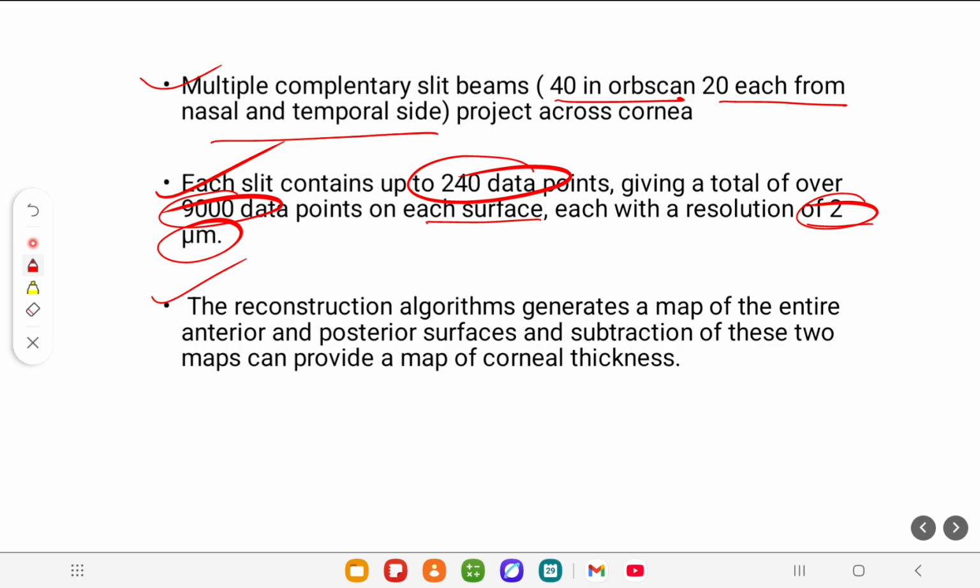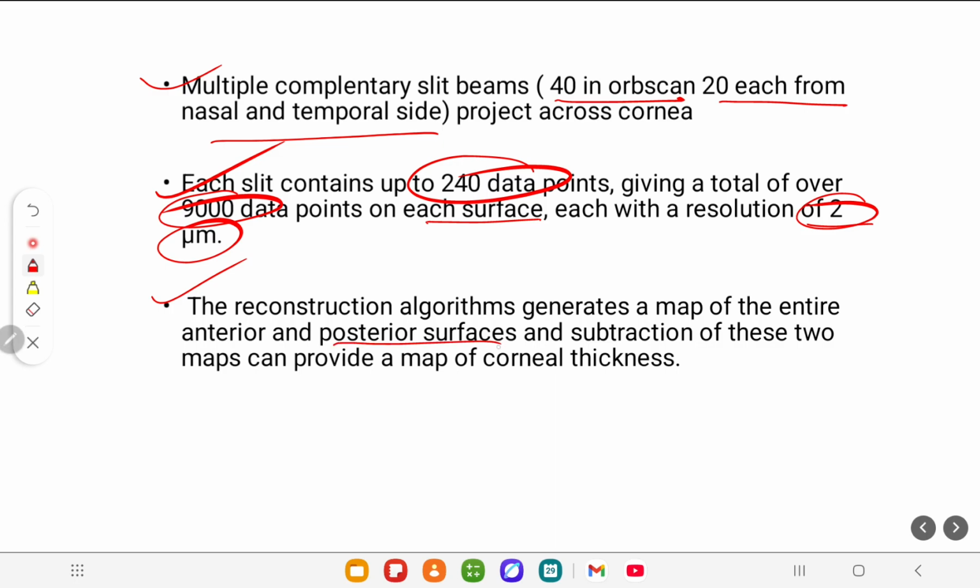Now here we come. From the slit scanning method of Orbscan, we come to know about the posterior surface. That is like gold, because the posterior surface is very important in keratoconus diagnosis, isn't it? So that's why the posterior surface comes from slit scanning. Then definitely Orbscan, definitely Scheimpflug camera, yes, we'll talk about it later on.